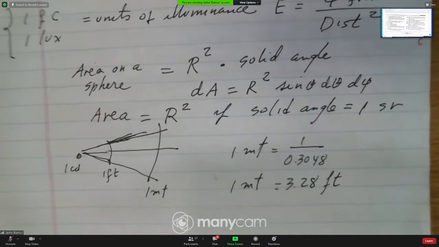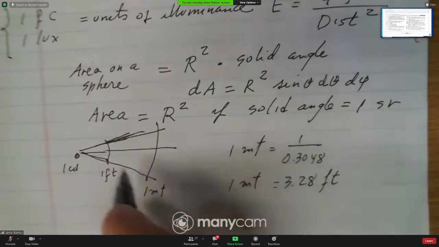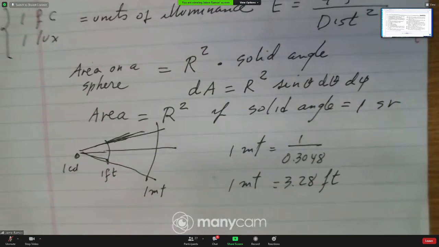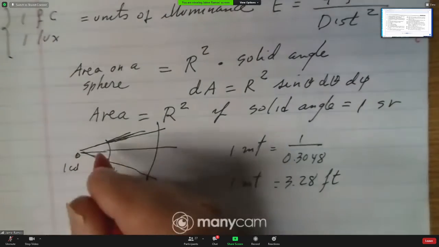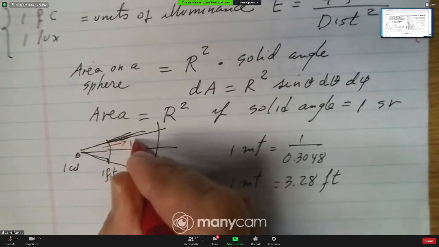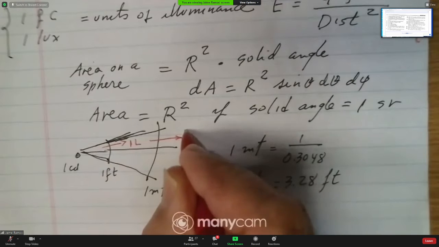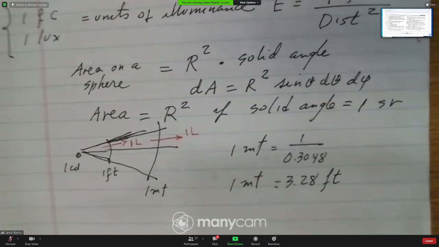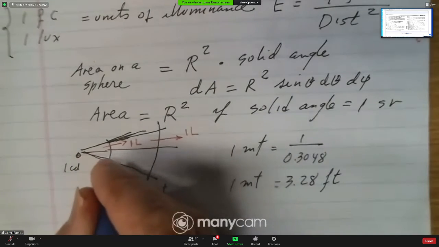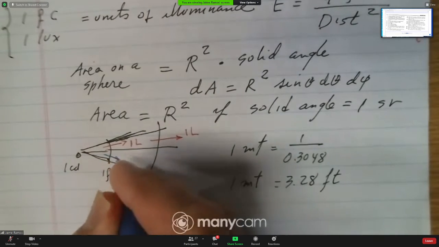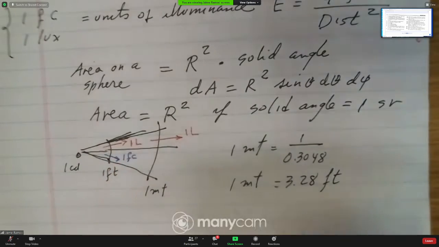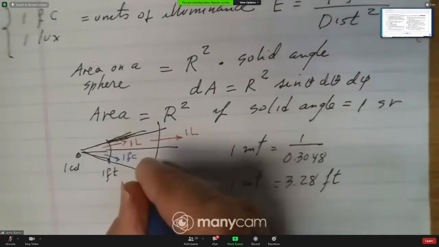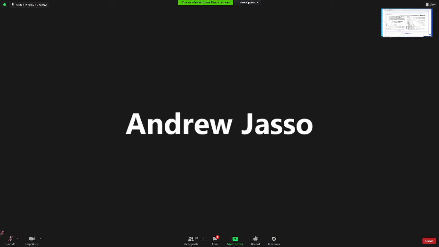Okay, but the lumen still goes out over the same solid angle, right? So here we have one lumen, and here we also have one lumen. The lumen doesn't change. So what changes? What changes is the intensity. So here we have one foot-candle, and over here we have one lux.